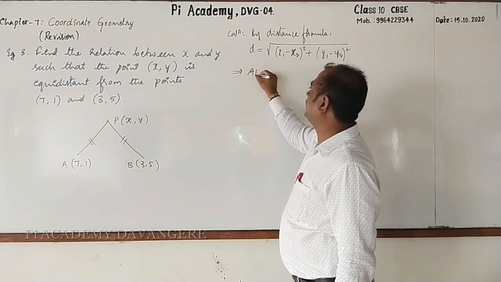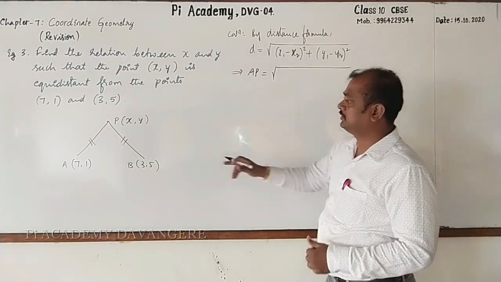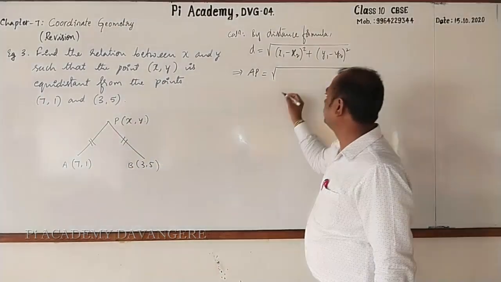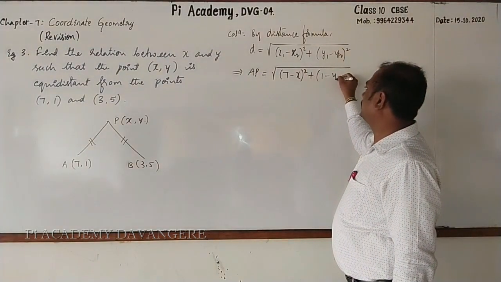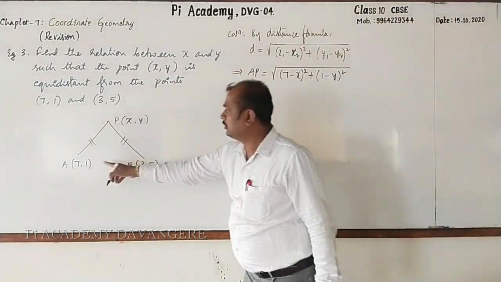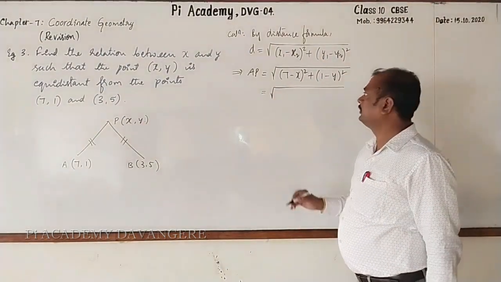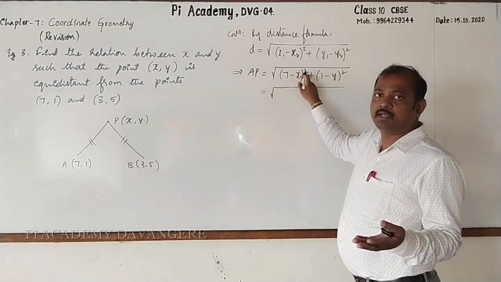Here first I'll take AP. The distance of AP is square root of (7 minus x) whole square plus (1 minus y) whole square. 7 minus x whole square is of the form (a minus b) whole square.